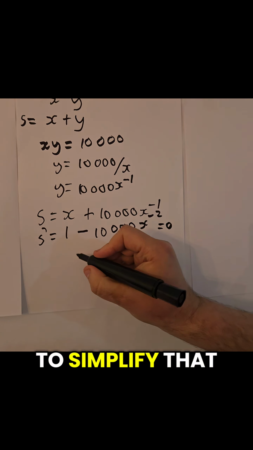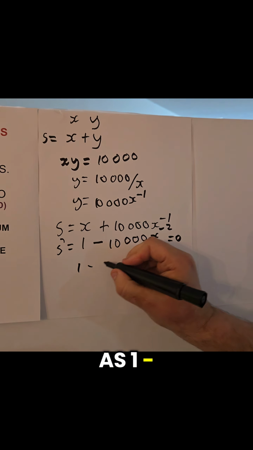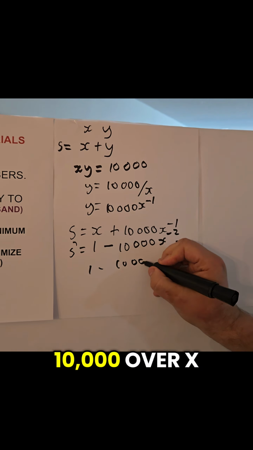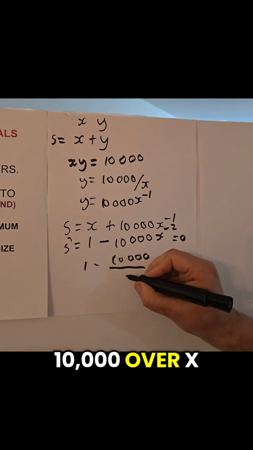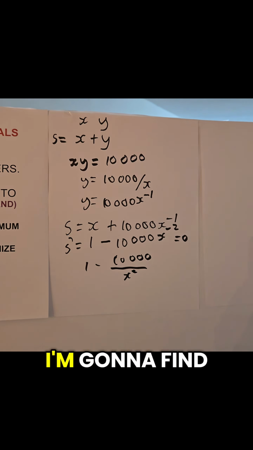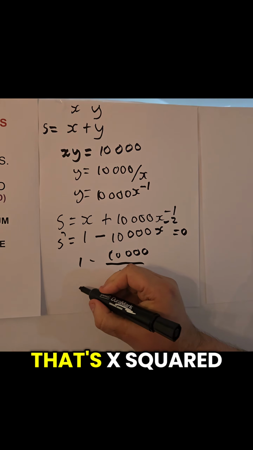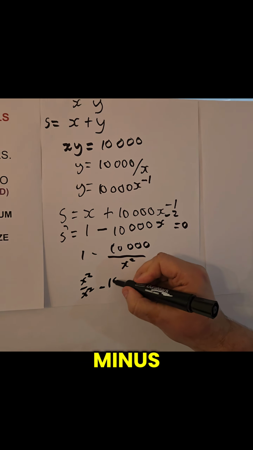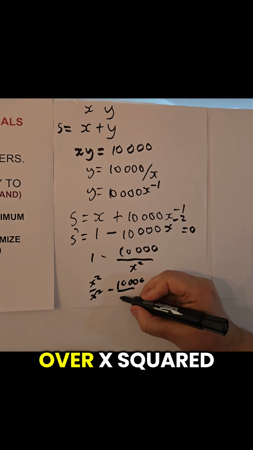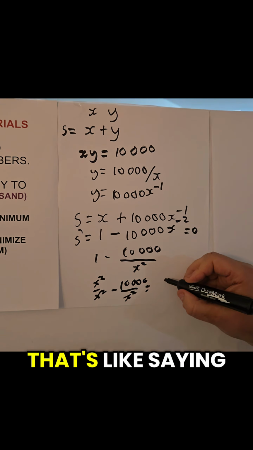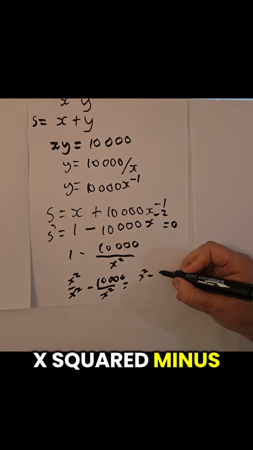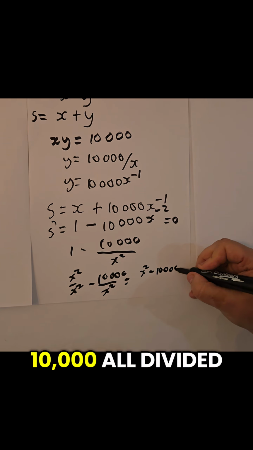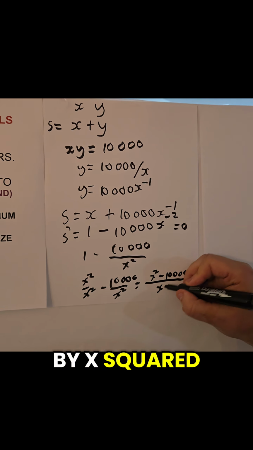So I'm going to simplify that. I'll write it as 1 minus 10,000 over x squared. I'm going to find a common denominator. That's x squared over x squared minus 10,000 over x squared. That's like saying x squared minus 10,000 all divided by x squared.